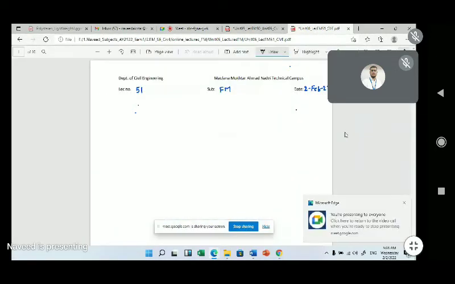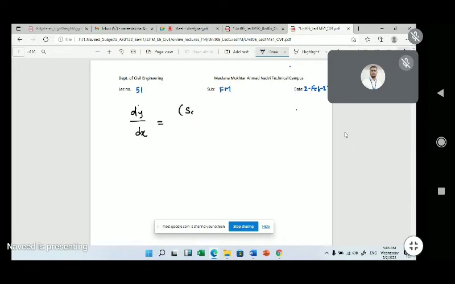Okay, so this dynamic equation we derived yesterday: dy/dx = (S0 - Sf) / (1 - Q²T/gA³), where S0 is the slope of the bed, Sf is the slope of the energy gradient, the total energy gradient due to friction, Q is the discharge which is constant, T is the top width of the channel, g is the acceleration due to gravity, and A is the cross section area.